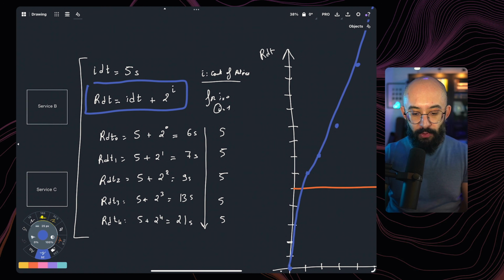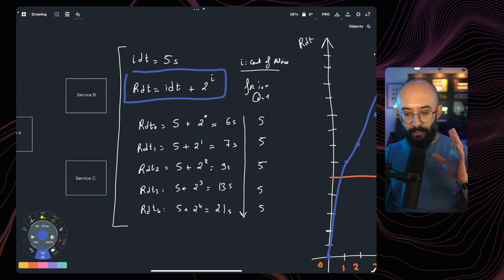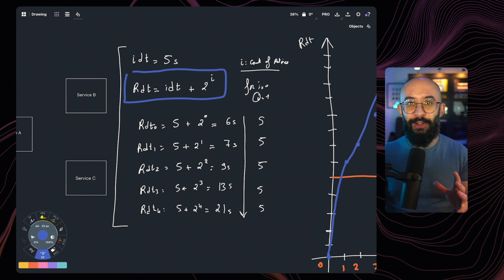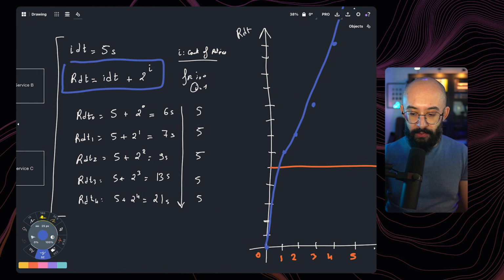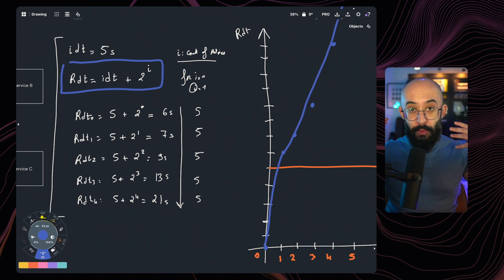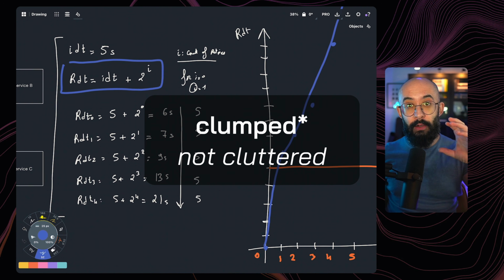Now, what is the problem with this? There's still a problem. This is not the end all be all solution. And the reason for that is when we try to plot the requests and distribute them to see if the requests are still being clumped together, or they are being more distributed over time, we see that even with exponential backoff, the requests are still being clustered together, especially at scale.